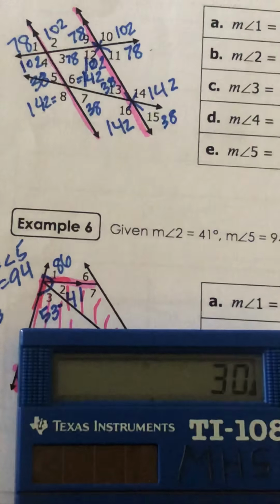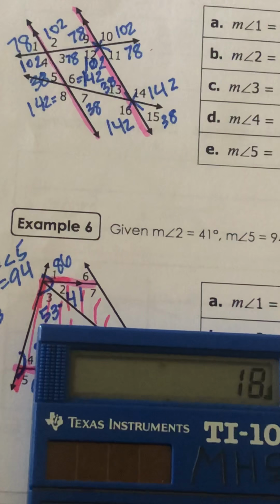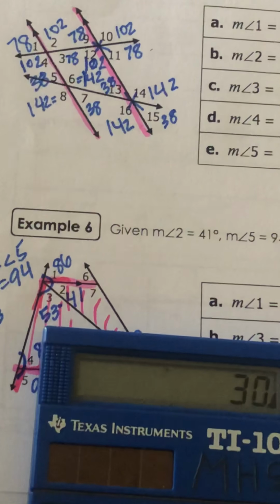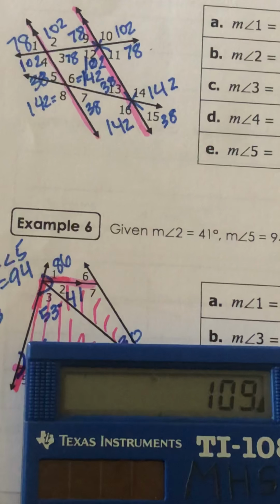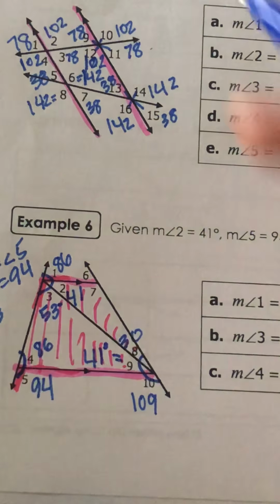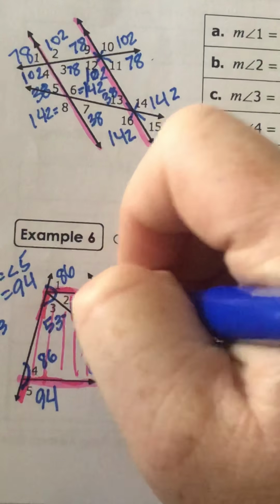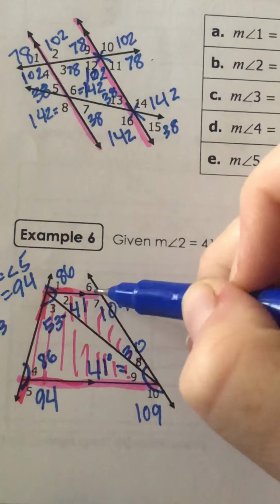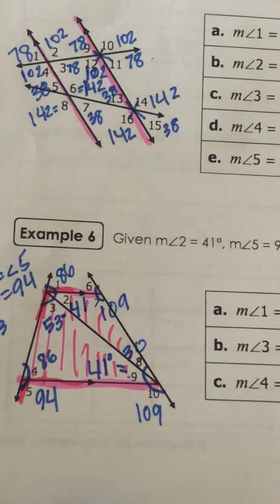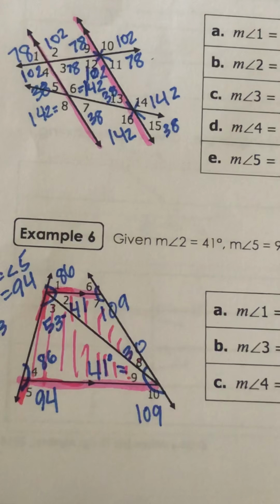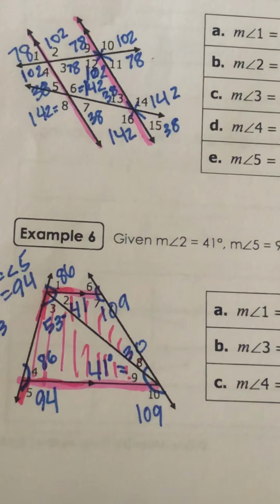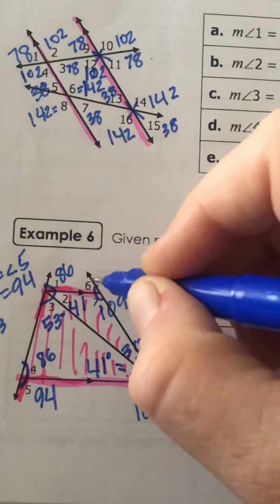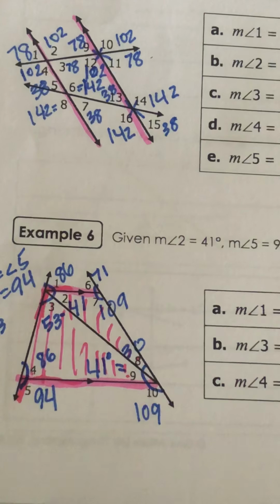So we'll do 180 minus 30 minus 41, 109. And now 6 and 7 make up a line. Okay. Those are a linear pair, so angle 6 is 71.